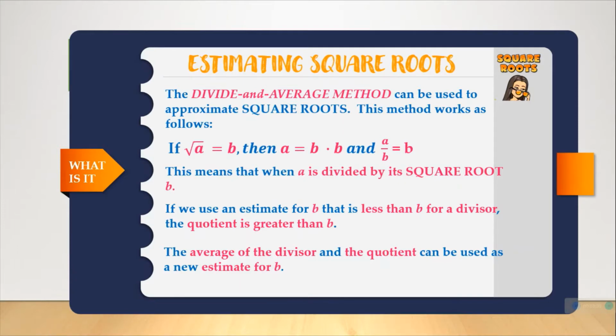If the square root of A is equal to B, then A is equal to B times B, and A over B is equal to B. This means that when A is divided by its square root B, if we use an estimate for B that is less than B for a divisor and the quotient is greater than B, the average of the divisor and the quotient can be used as a new estimate for B. Later, you will see what I am saying when we estimate square roots.